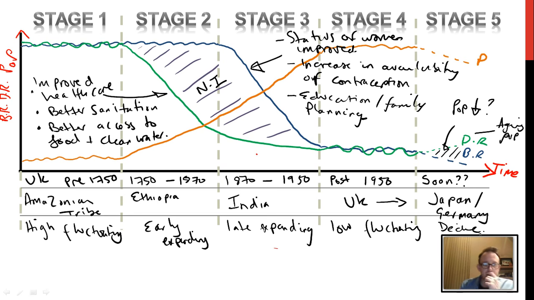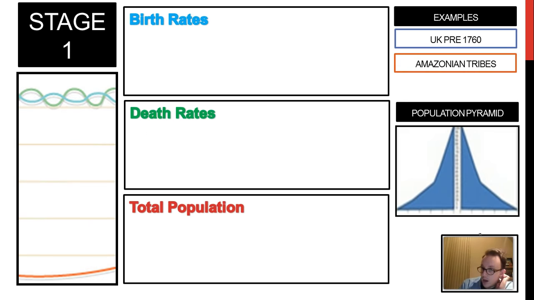I want to look at these stages in a little bit more detail, and just to sort of recap, if you like. So in stage 1, pre-1760 UK, I think I said 1750 before, but give or take 10 years, and Amazonian tribes.